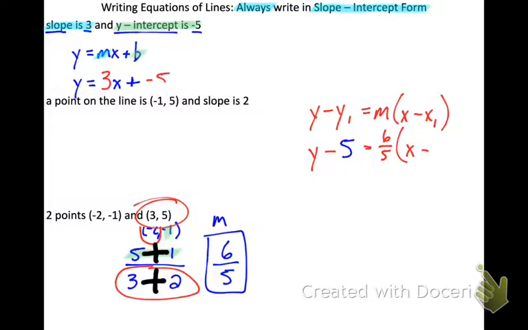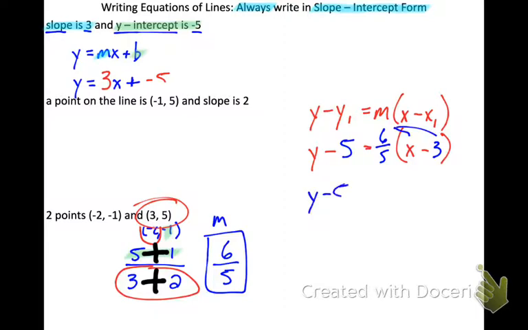and then my x coordinate ends up being 3. Now I can go ahead and distribute and then get my y by itself.